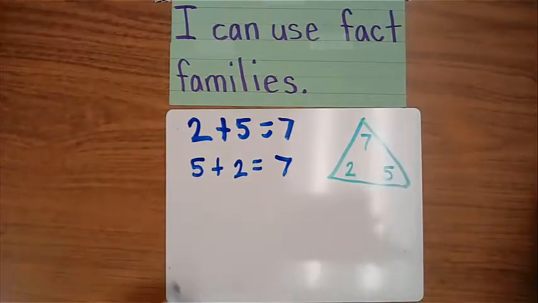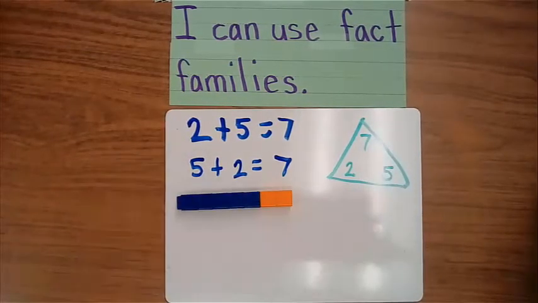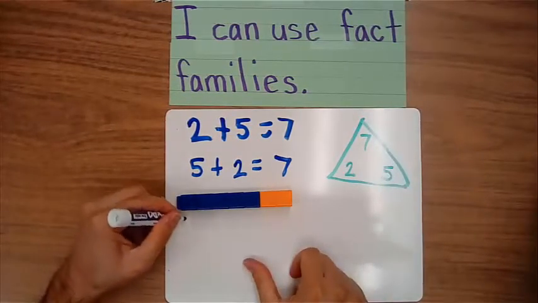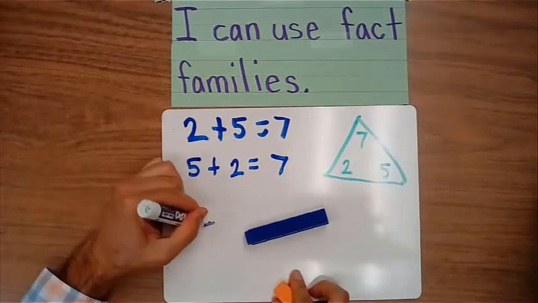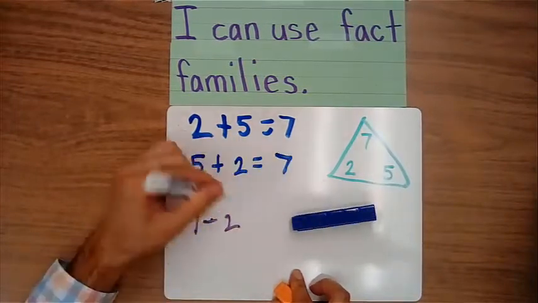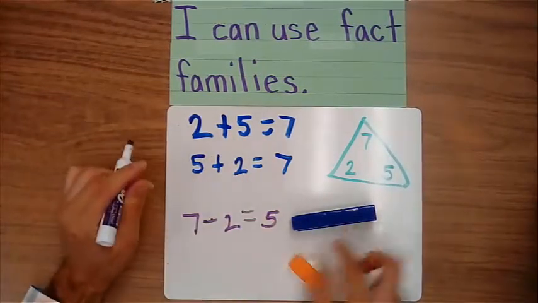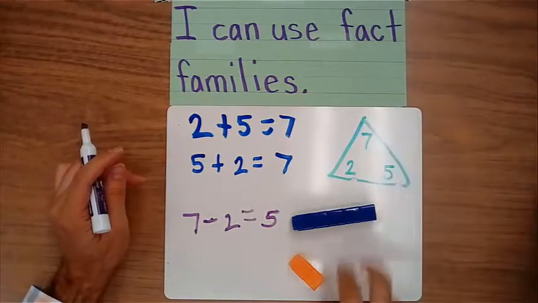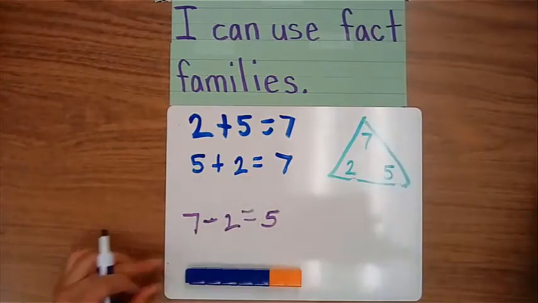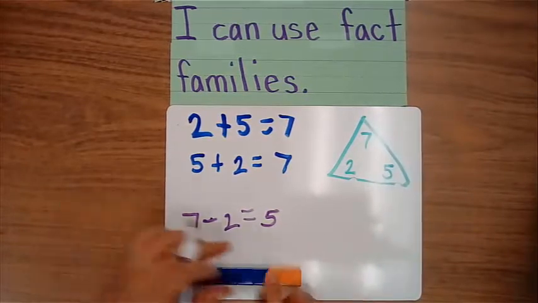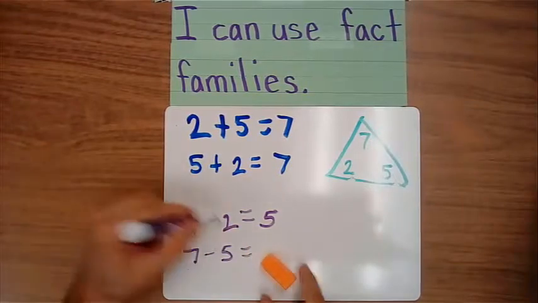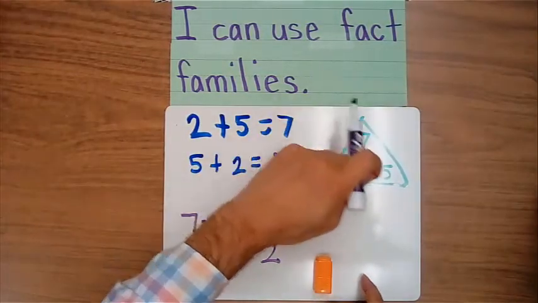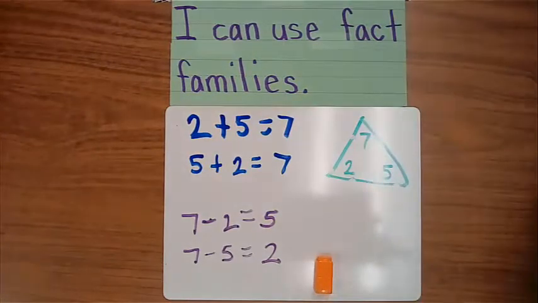And I could also start with the biggest number, which is 7, and I could say 7 minus 2 equals 5, right? 7 minus 2 equals 5. Or the last one, I could say 7, again, minus 5 equals 2. 7 minus 5 equals 2.